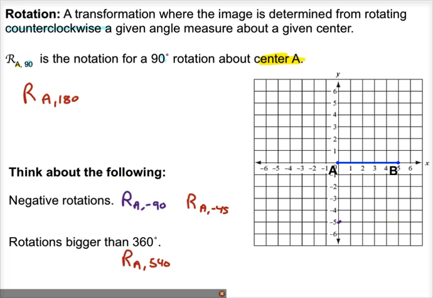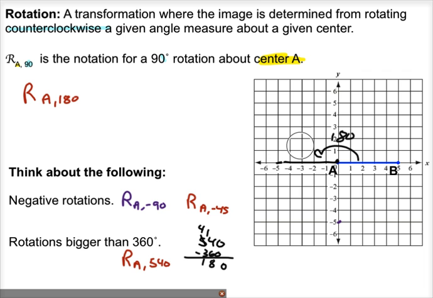So if I have 540 and I get rid of 360, which is one complete circle, what's still going to be left from that? Well, we can go through and subtract, and I get 180. So the rotation about center A of 540 degrees is really the same as if I just went 180 degrees. So if A was my center and I went 180 degrees, B is going to end up out here over at -5.